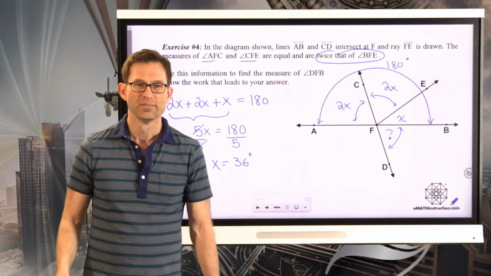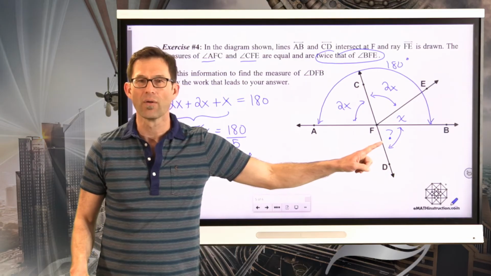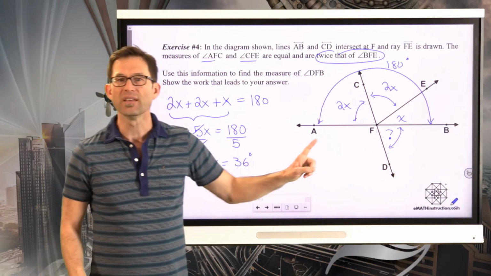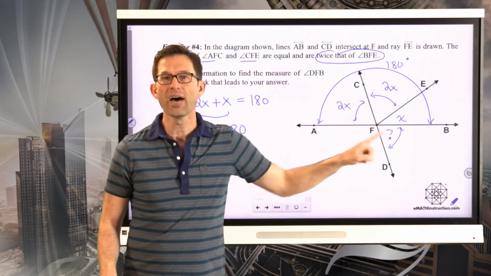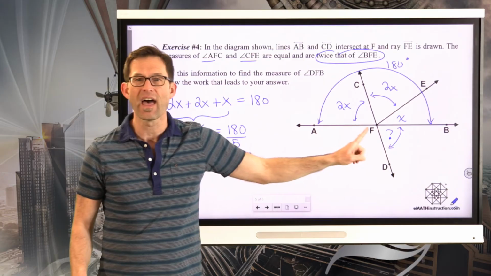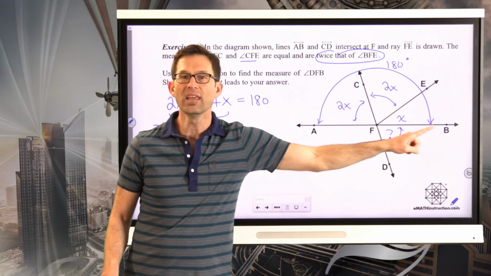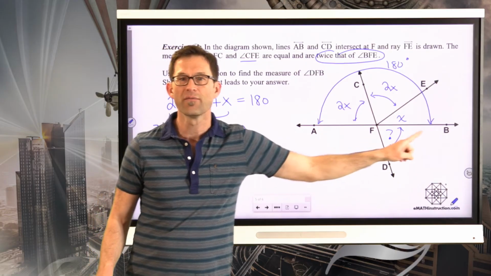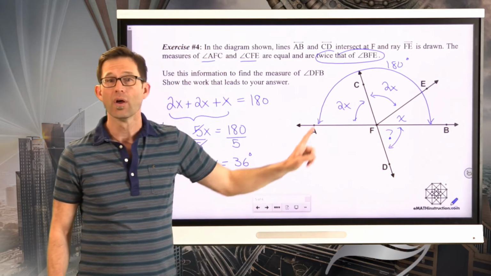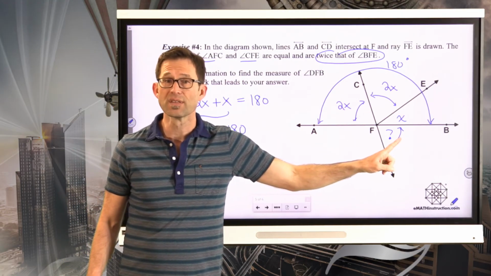Okay. Remember, keep your eye on the ball. I'm still looking for this particular angle. Well, how do I get it? One thing I might notice is that angle DFB, the one I'm looking for, is vertical to angle AFC. AFC and BFD, or DFB, that's the way I called it, are vertical to each other. So if I can figure out this angle, then it's the same as this angle.